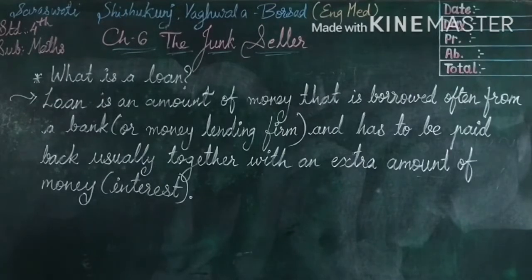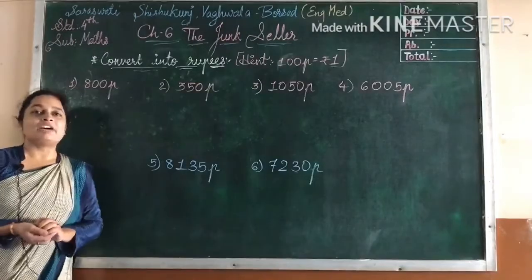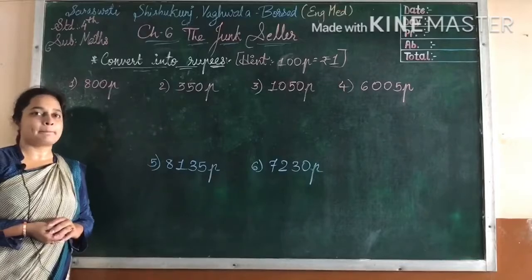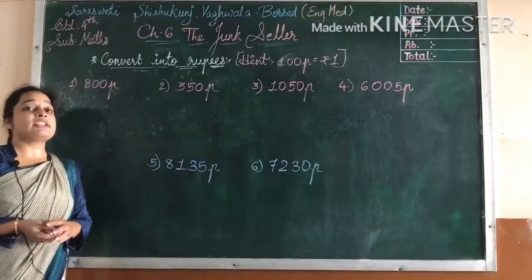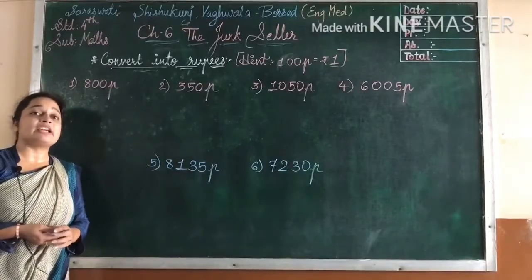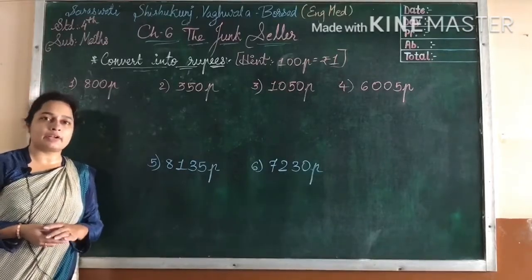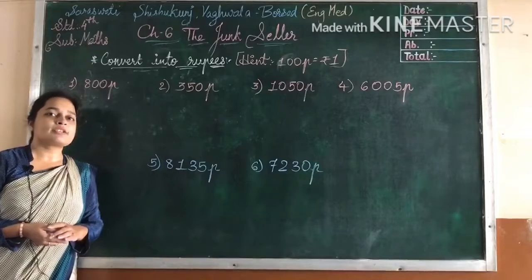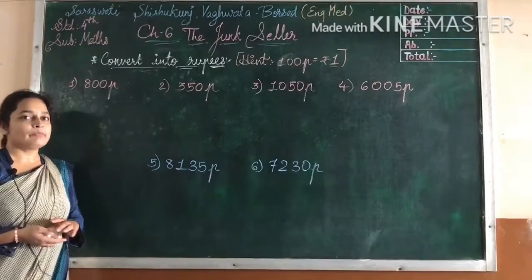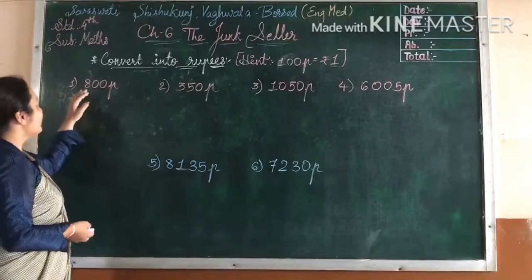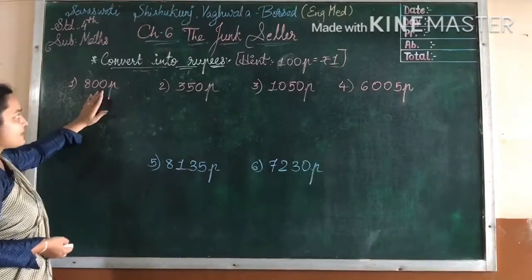Now let's learn to convert paisa into rupees. We have already seen this when I explained what a loan is, and I told you the story of Kiran, who was a kabadi wali. Number 1, 800 paisa.